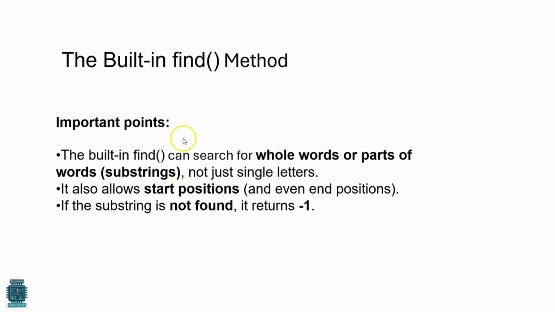I can search with the starting and ending positions easily by using the built-in find method. And if the substring is not found, it returns -1, same as the previous example. Whatever I am searching for, if it is not found, it will return -1, which means I didn't get what I am looking for. Very clear with the built-in find method?